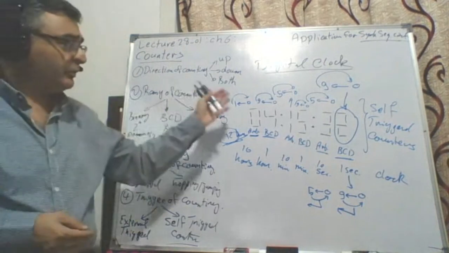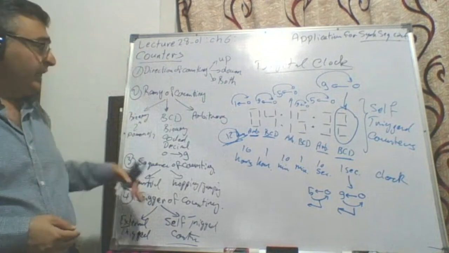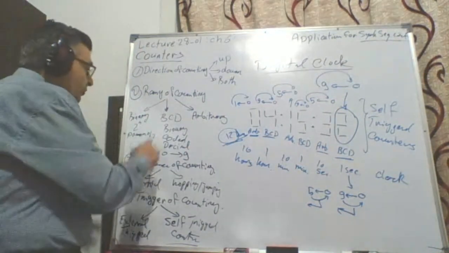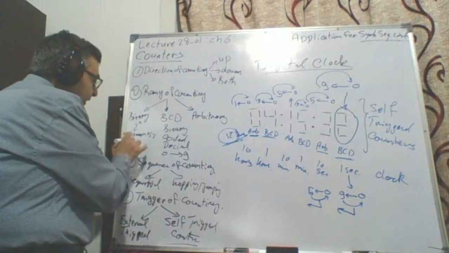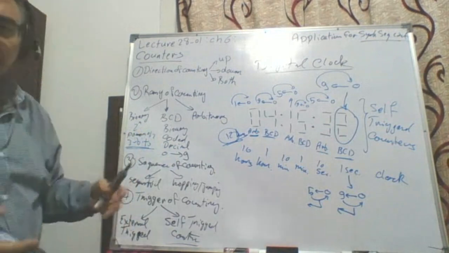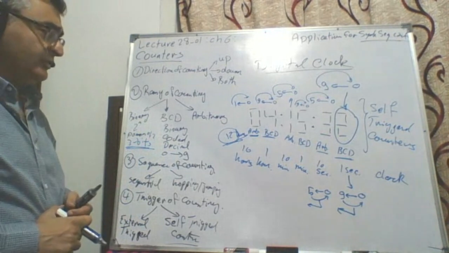So in the first part we covered the counters in general and the 4 questions, and in the second part of lecture number 28, we will design a 3-bit binary counter. We may take a couple of examples for the counters in the second part of this lecture.